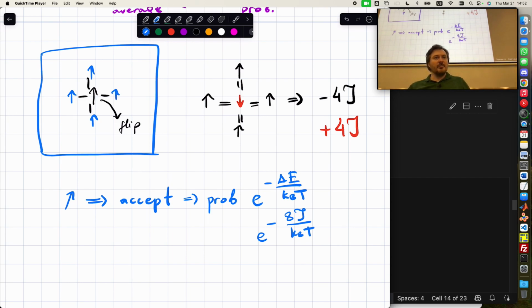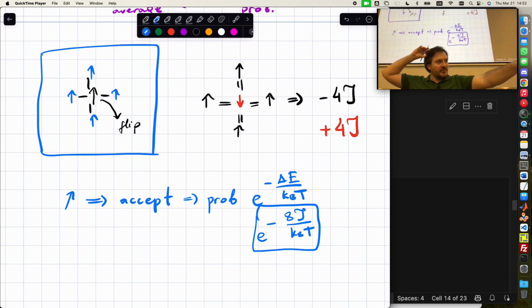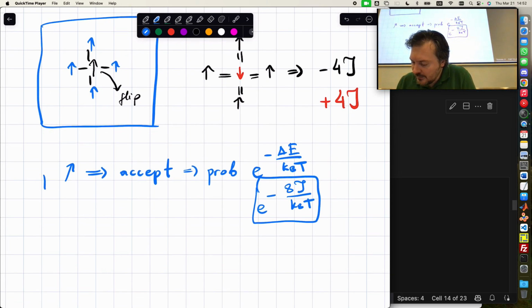When the temperature is very low, this will be a very low number. Do you agree? This time it's actually e to the minus infinity. So when the temperature is low, we are not going to accept the flips that are increasing energy. What else does Metropolis say? If energy decreases, just accept it.